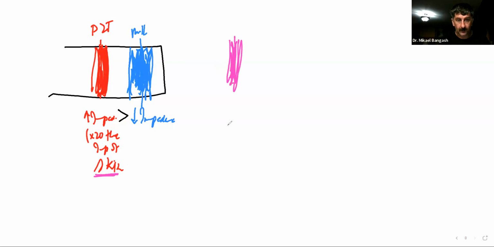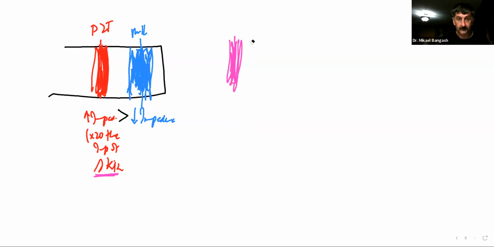So if this here is skin, this skin is going to have an impedance which is lesser than that of the PZT. As a matter of fact, it's also going to have an impedance lesser than that of the matching layer.